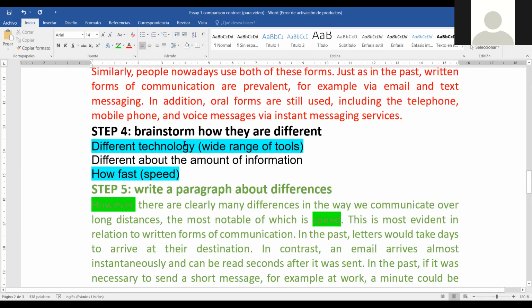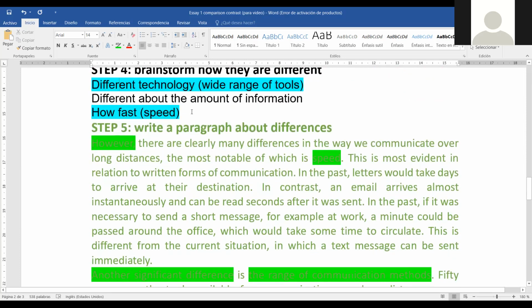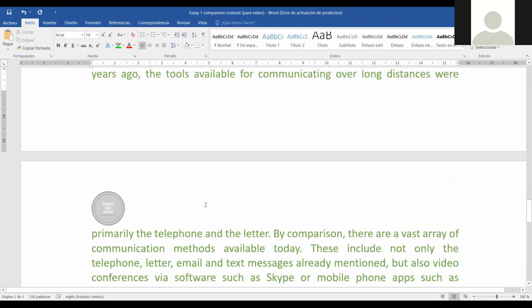I suggest that during the official test, this process wouldn't take more than 40 seconds. I know it's very challenging. Many students struggle. How can I have many ideas in only 40 seconds, 45 seconds? But that is the time you have. On top of that, you have to choose probably the only one most important or the most important ones. And then if you choose to, as I chose to do in this example, I have two paragraphs.